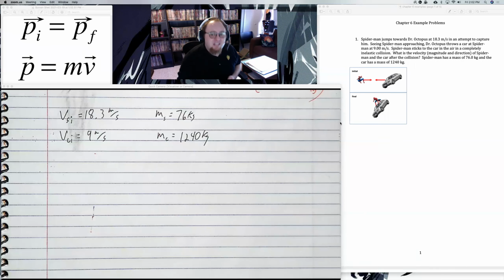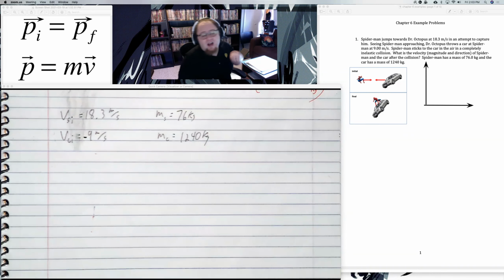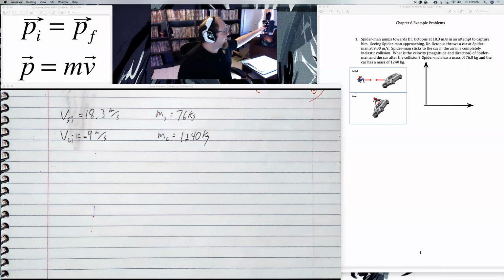And if I use a standard coordinate system, where x is to the right and y is up, to the left is in the negative direction. So I have to remember that the car's velocity is not 9 meters per second. The magnitude of its velocity is 9 meters per second, but its velocity is negative 9 meters per second because it's to the left. This is the place where it's most common to make a mistake on these problems.